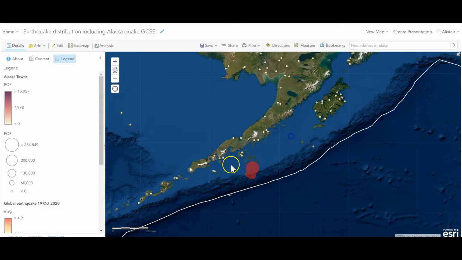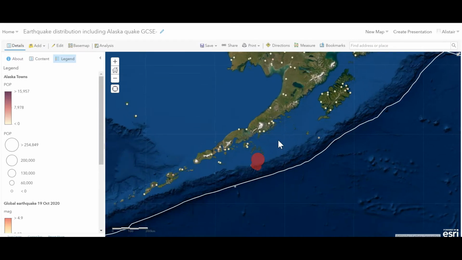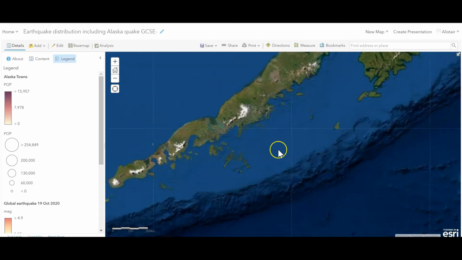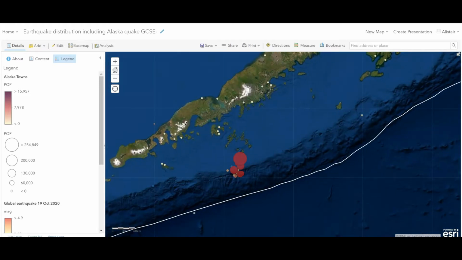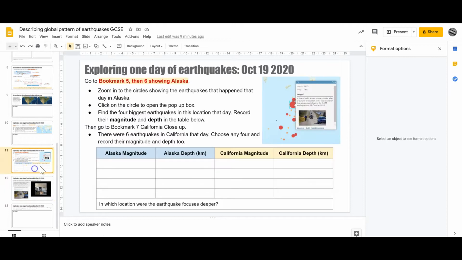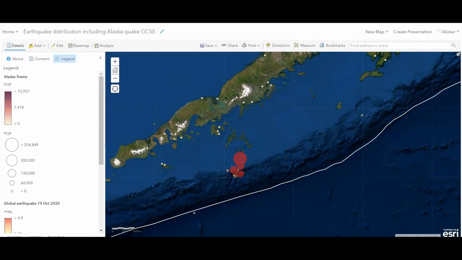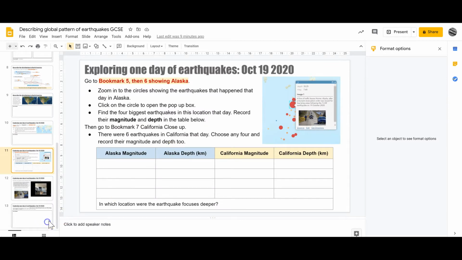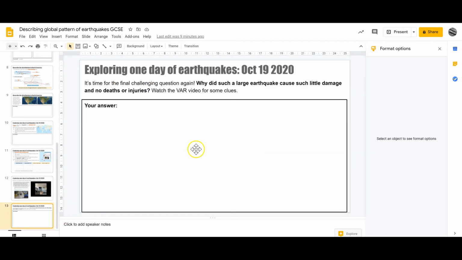So, sparsely populated, distance, and the other big clue that I want to give you comes back to this little table you filled in. How deep was it? You can have a look at that as well. So those are your 3 clues, 3 things to think about in here: how sparsely populated it was.